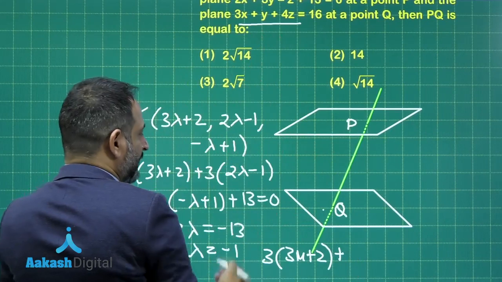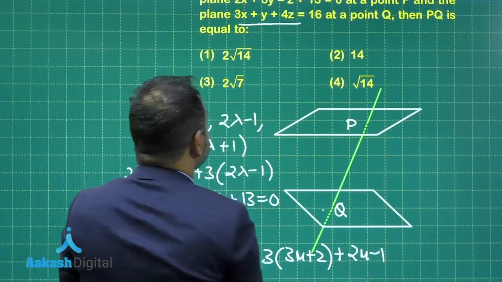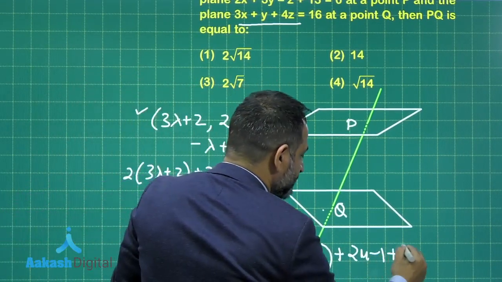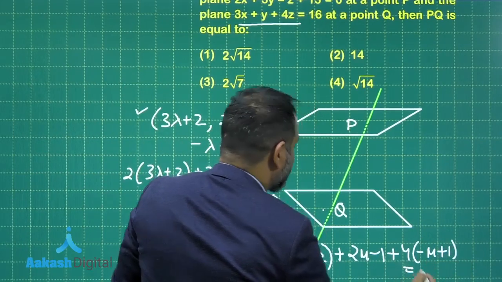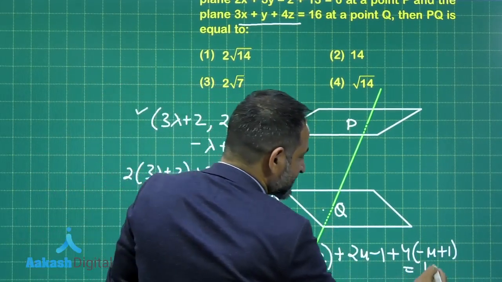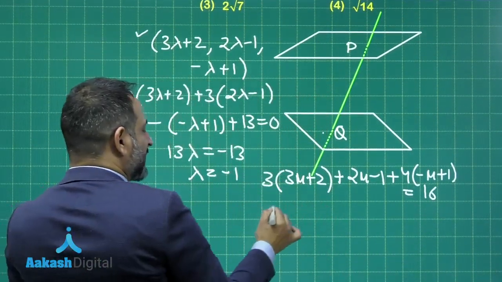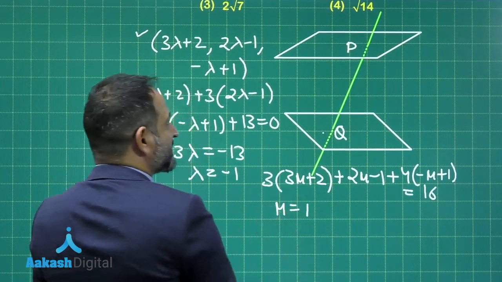Now, what is y? It is 2 mu minus 1, and 4 z. So, 4 into minus mu plus 1, and that is equal to 16. It is given that it is equal to 16. So, if you calculate mu from here, we will get the value of mu as 1.